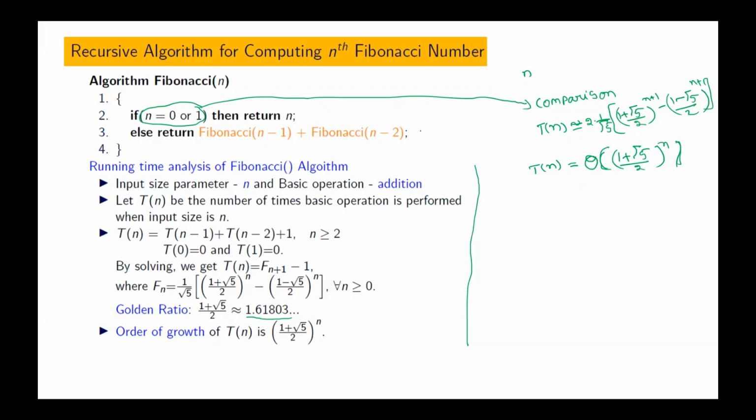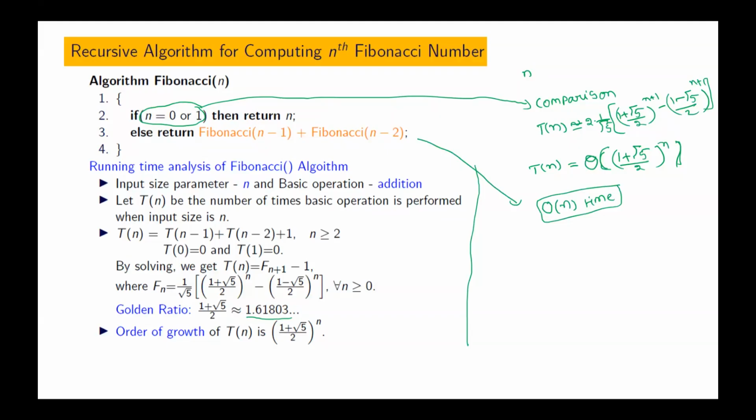But there are simple algorithms. We can easily find the nth Fibonacci number in order of n time also. How to find it in order of n time? Using an iterative algorithm. Simply one for loop we can write and find it.